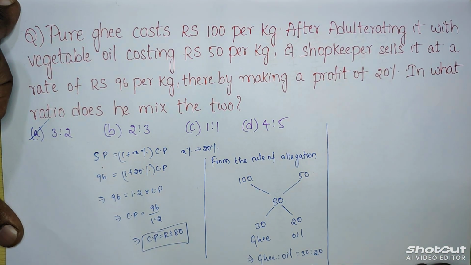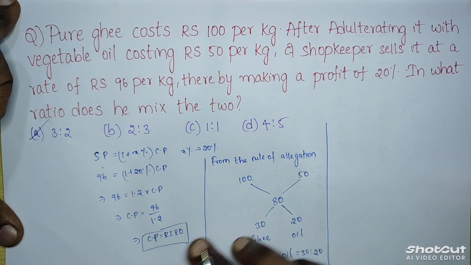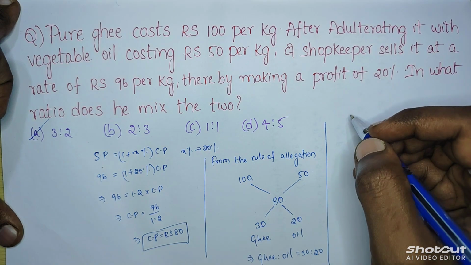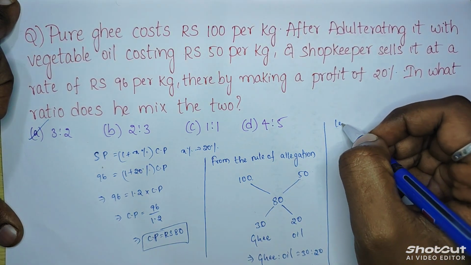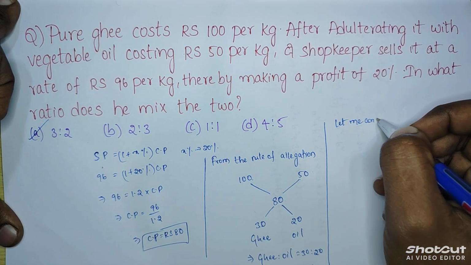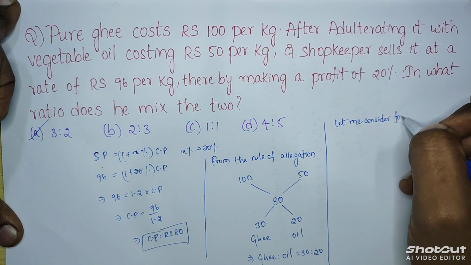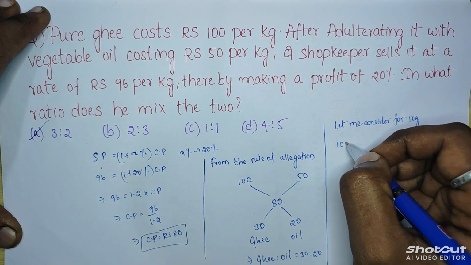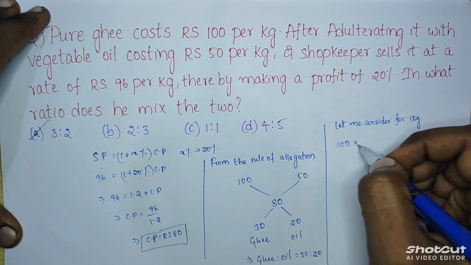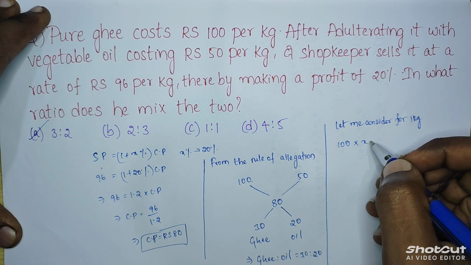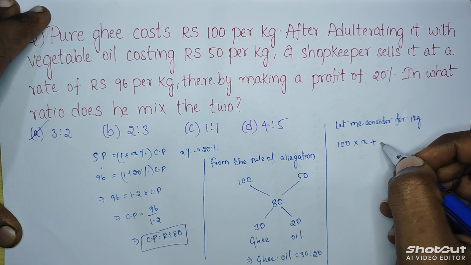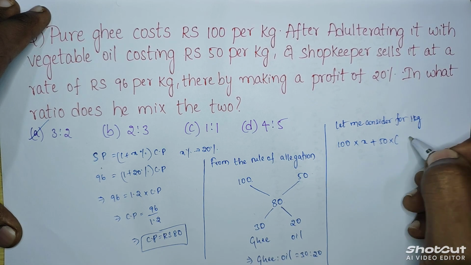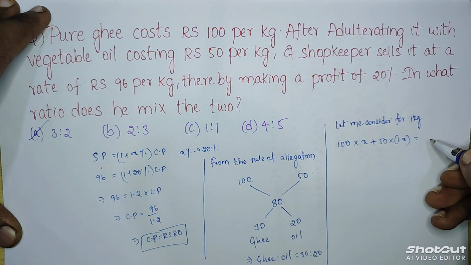If you don't get this method, let me solve it by another one. Remember, the cost price is 80 rupees, this is fixed, okay? Let me consider 1 kg. So for 1 kg of mixture, let's make a calculation. 100 rupees is the cost price of ghee, and let me consider that x amount of ghee is mixed, and 50 rupees is the cost of oil, and for 1 kg, if ghee is x, oil becomes 1 minus x, right?